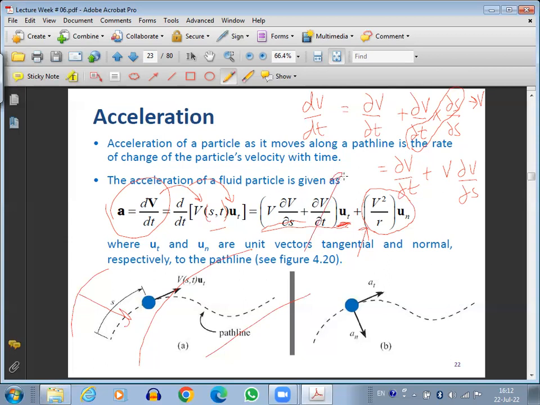This term will cancel. If the motion is not varying with space, which term will cancel? This term will cancel. If the motion is in a straight path, no curvature, then which term will cancel? This term will cancel, right? So what we have done is that we have derived a general equation, general format of the equation.